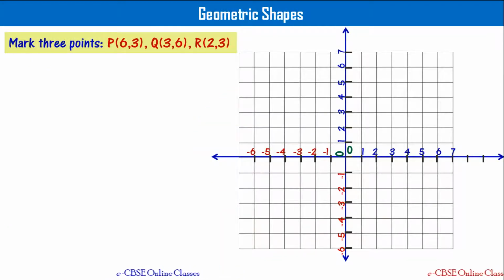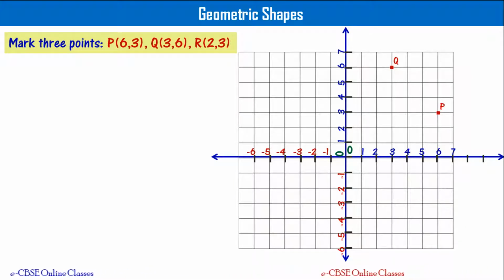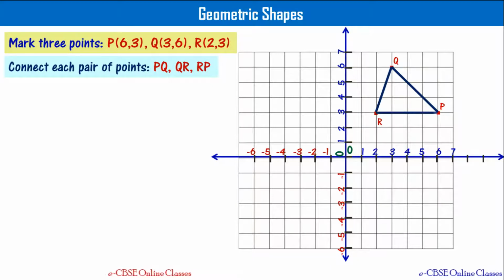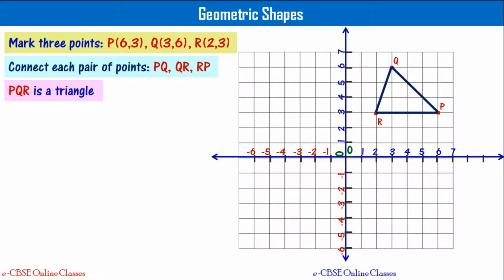Let's now mark 3 points, P that is (6, 3), Q that is (3, 6), R that is (2, 3). Connect each pair of the points: PQ, QR and RP. If you observe this, the shape PQR is a triangle.